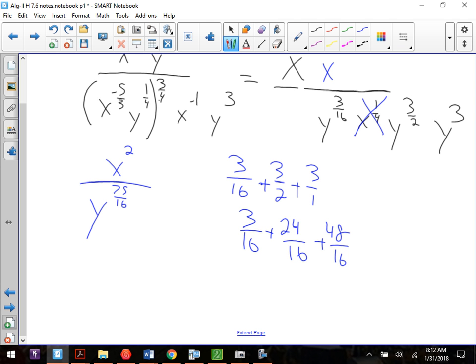Well, that's just pretty. So think about going by 16ths. 16, 32. If I double 32, what do I get? 64. If I do another 16, that gives me 80. So how many more 16ths do I need? 5.